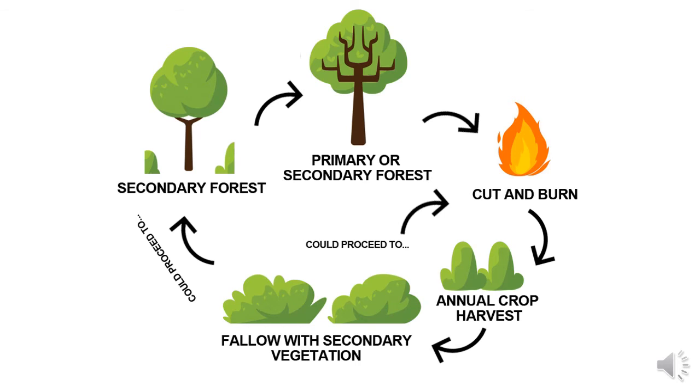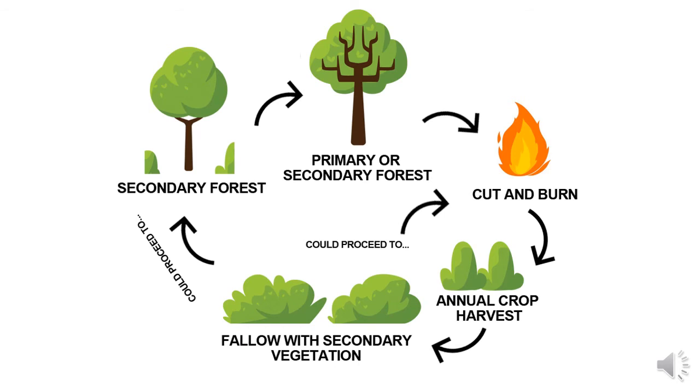The first 1 or 2 yields that they get from that area are going to be very high generally, as there's lots of nutrients in the soil and it's fresh. The more they farm on that area, because they're not putting in any new fertilizers or anything like that, and because of a process known as leaching, where rainwater or groundwater literally just washes away the top layers of soil and the nutrients with it, which if you're doing this in a rainforest, there's going to be a lot of rain, and that's going to be very common.